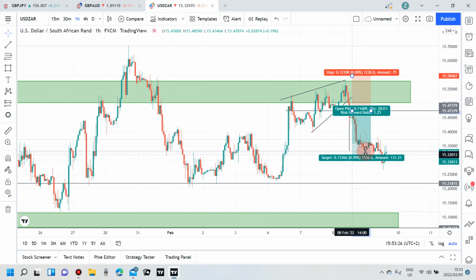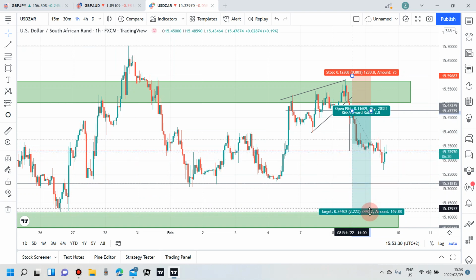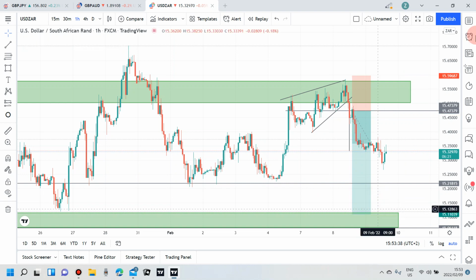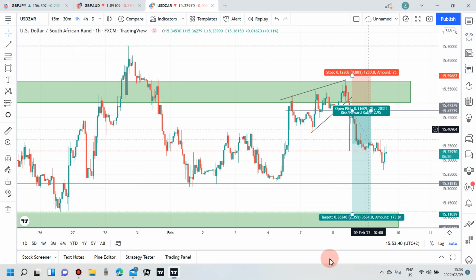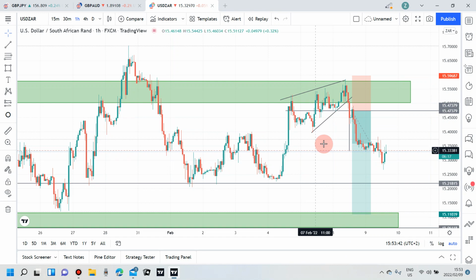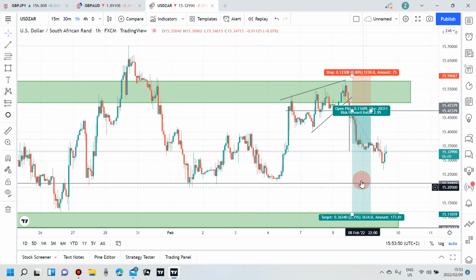Me personally, I would place it via my support here, and set take profit 1 at this level here, and my take profit 2 and my take profit 3.